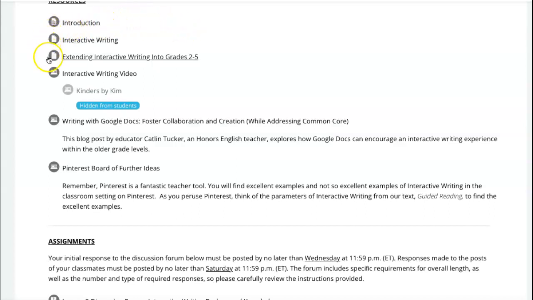There are 2 articles to read about interactive writing this week. And there are additional resources here with videos for you to use.